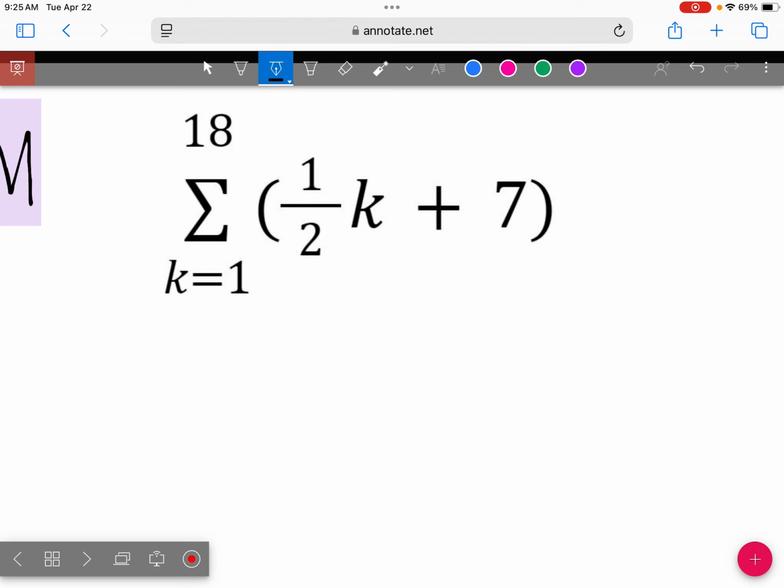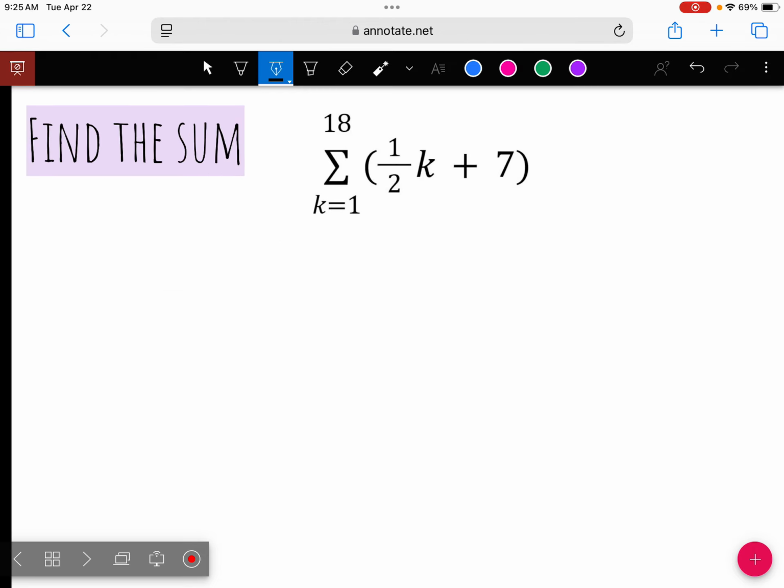All right. So let's look at this one. Very similar vibe. Find our sum. We have from 1 to 18 of 1/2 k plus 7.